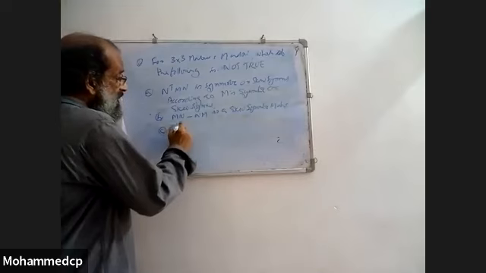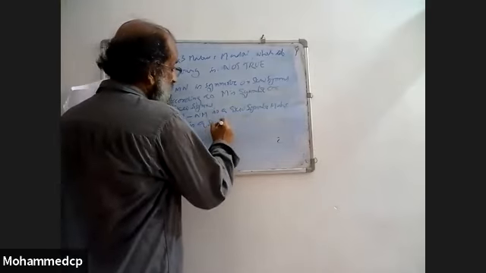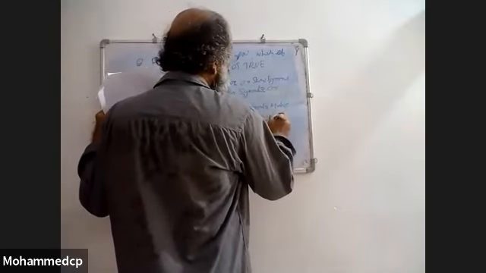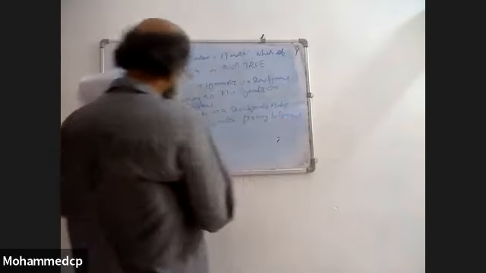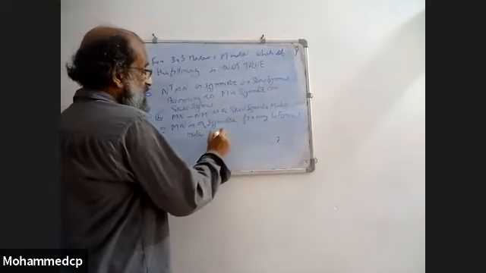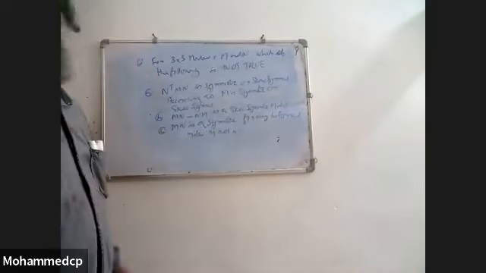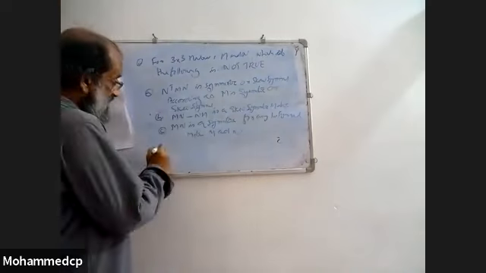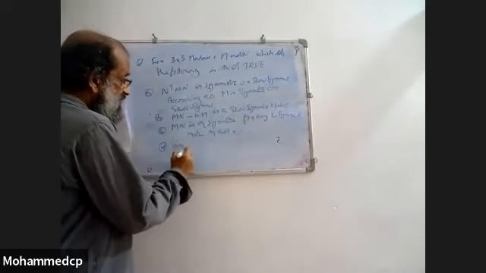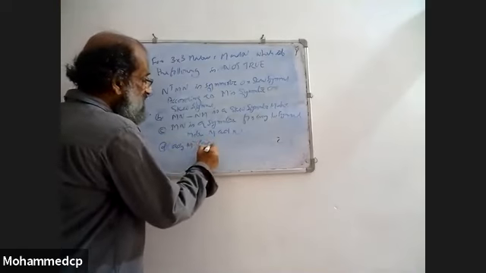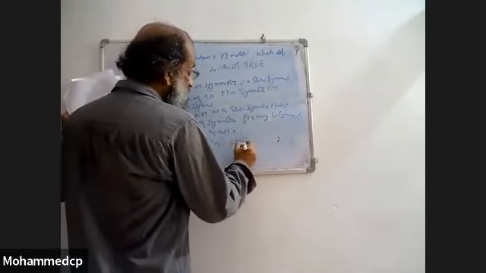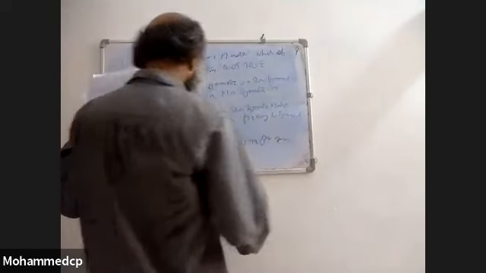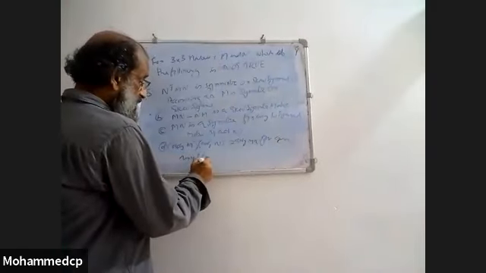C, Mn is a symmetric matrix for any two symmetric matrices M and N. Last option, adj M into adj N equals adj Mn for any two invertible matrices.